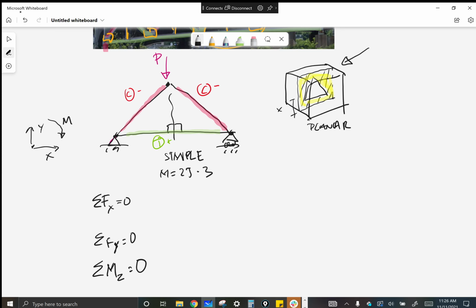And so we have 3 unknowns, and if we set this up to where we have 3 forces, Fx and Fy, or I'm sorry, this is a Fa, Ax, Ay, By.